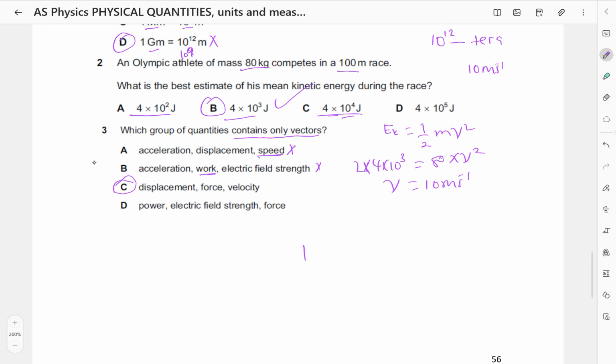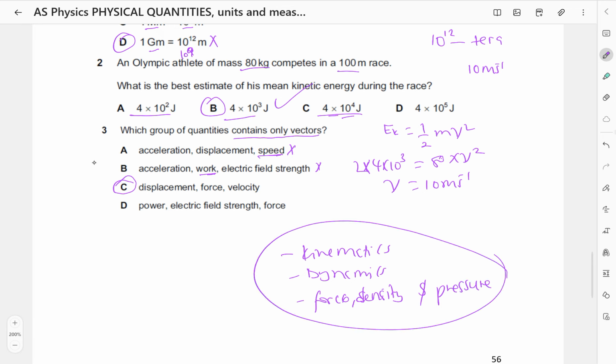We are remaining with kinematics, dynamics, force, density, and pressure. These are the most important topics that are remaining that I may not be able to accomplish, but I will try to accomplish one of them.